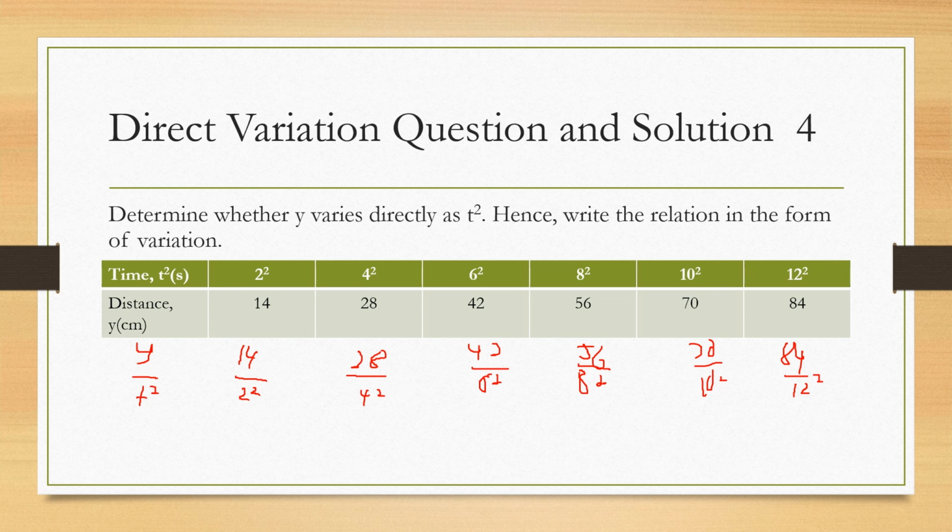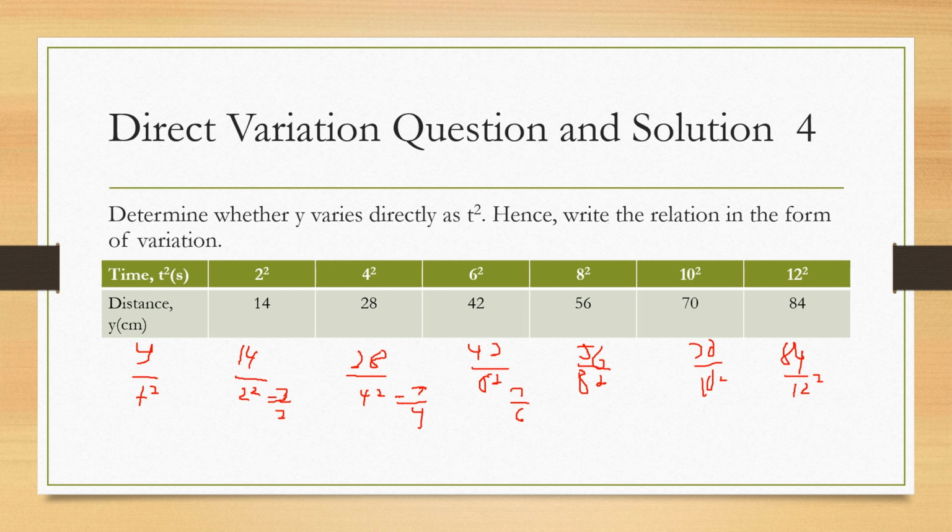So for the first question, 14 divided by 2 power 2 is 7 over 2. 28 divided by 4 exponent 2 is 7 over 4. 42 divided by 6 power 2 is 7 over 6. 56 divided by 8 exponent 2 is 7 over 8.